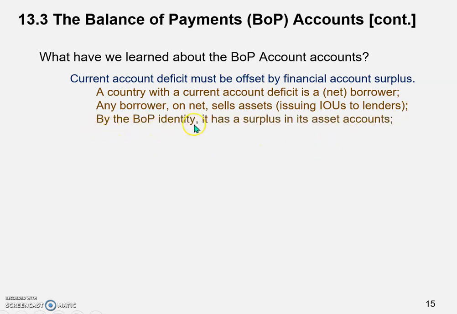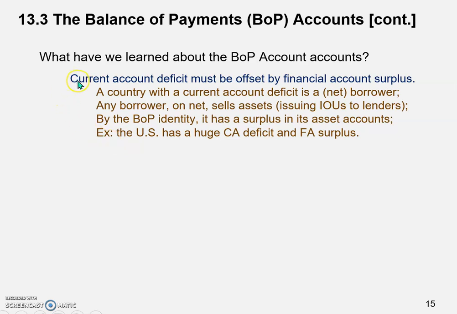By the BOP identity, it then has a surplus in its asset accounts. In other words, when we sell these financial assets, we start running a surplus in these asset accounts. So putting it together, that's why, for example, the United States has a huge current account deficit and a financial account surplus at the same time.